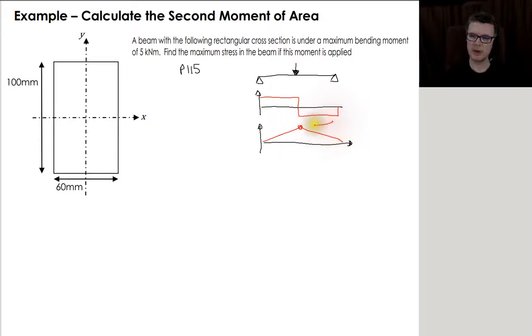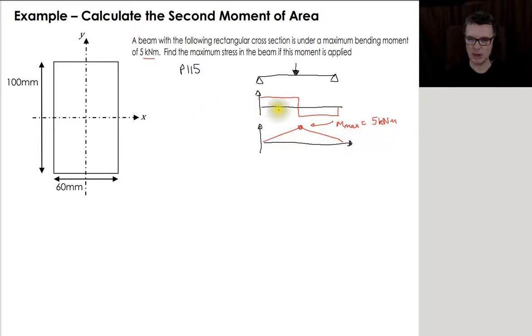That would be where the maximum M is, so my M max, and that could be, say, my 5 kilonewton meter value. If you're wondering where these bending moment values are coming from, they're coming from your bending moment diagram.